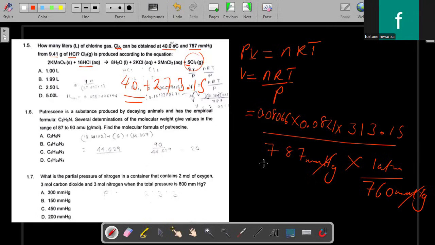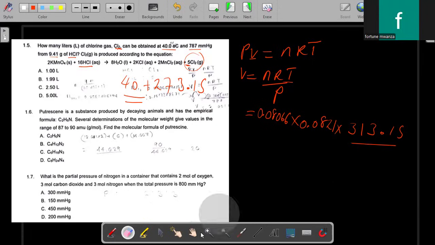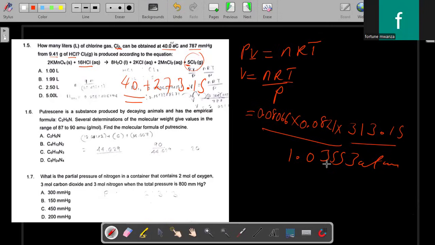If I divide my 787 by 760, I'll get my pressure in atmospheres, which would be 1.03 atmospheres.